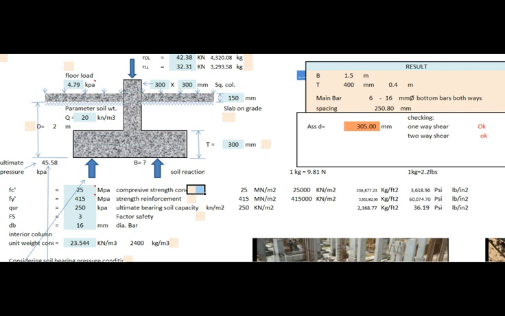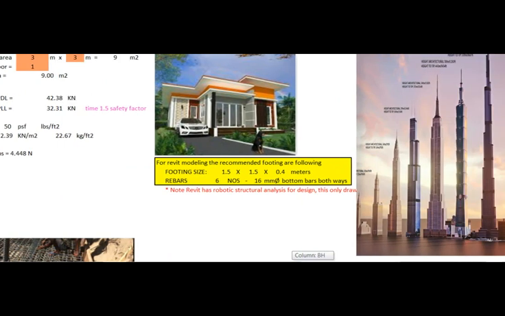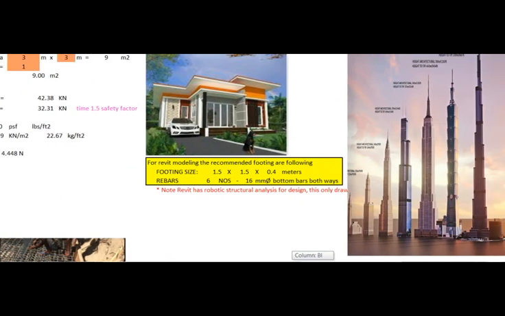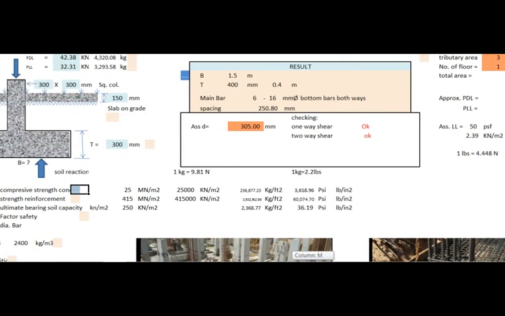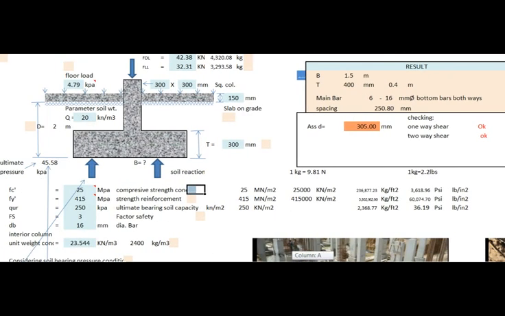In our example it is 25 megapascal, or meganewton per square meter. The yield strength of reinforcement is 415 megapascal.